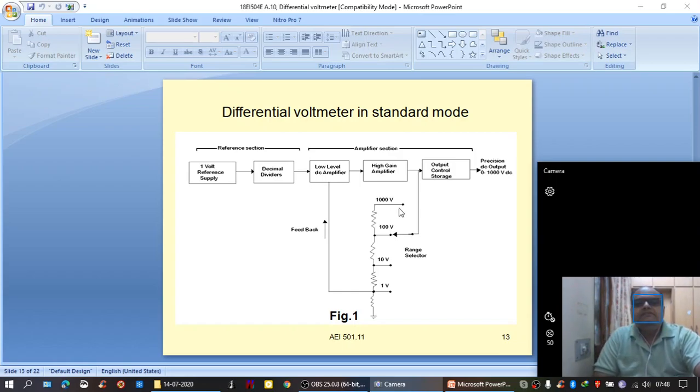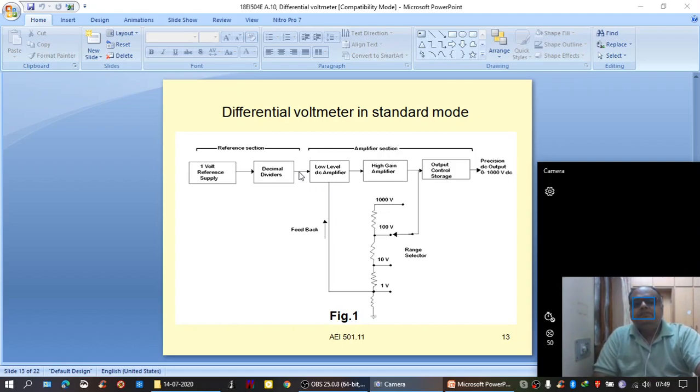And here you can see a feedback from this portion, that is, the voltage across 1 volt in this potential divider network is fed back as input to this low level DC amplifier.